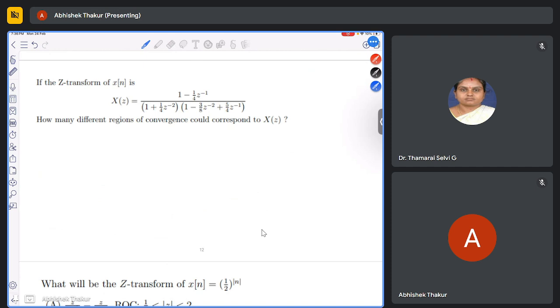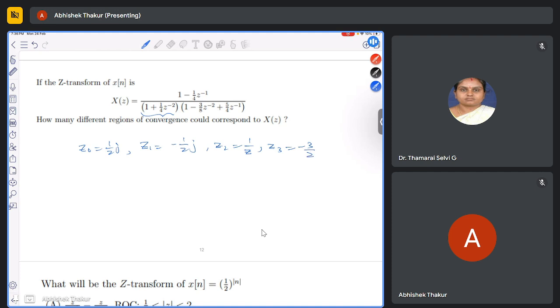So how many different signals are possible using the given Z transform? Like, the Z transform of x(n) is this. How many different regions of convergence could correspond to X(z)? So Z0 is equal to 1/2, Z1 is equal to -1/2, from here, Z2 is equal to 1/4 and Z3 is equal to -3/2.